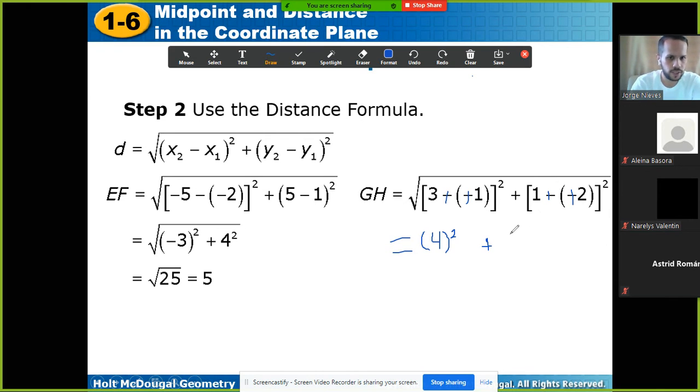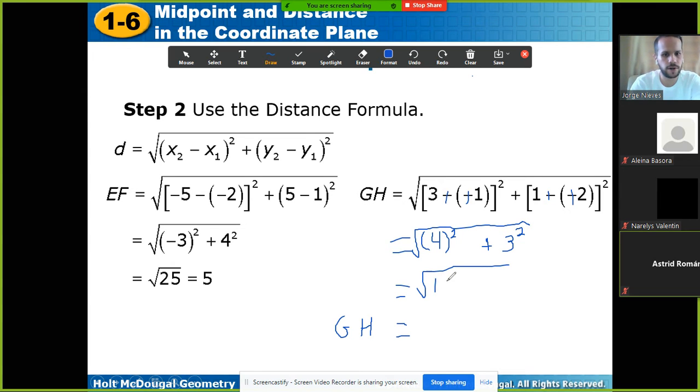And the signs change. So, what do you notice very quickly about this exercise? That the distance is going to be...? Va a ser lo mismo. So we can see very quickly that the distance in these two coordinates is equal. So these segments are congruent. They have the same distance.